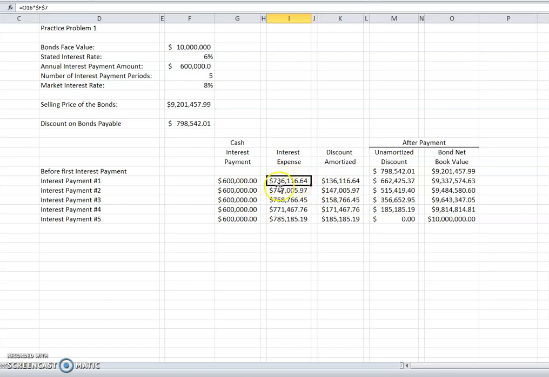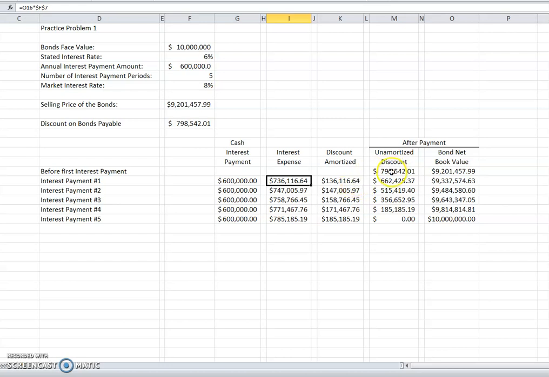Now, of that $736,116.64, we are paying $600,000 of that in cash. So the difference is our amortization of the discount. So we amortize $136,116.64 of the discount.